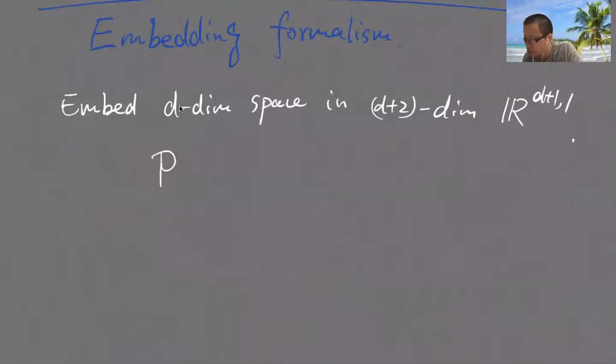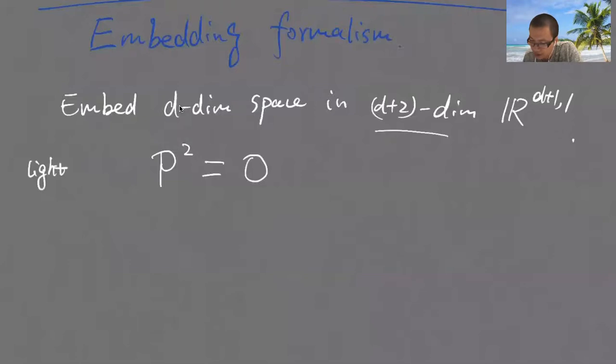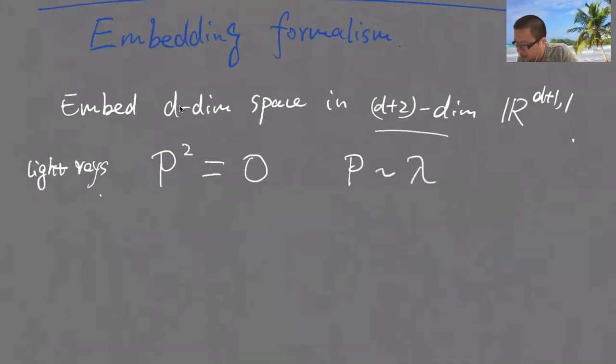So for those coordinates, which I will call P now, we will require these D+2 dimensional coordinates to obey the light cone condition. So these are, let's say, light rays. This condition, of course, is Lorentz invariant. And additionally, we want to impose a quotient, so we want to quotient it by a scaling.